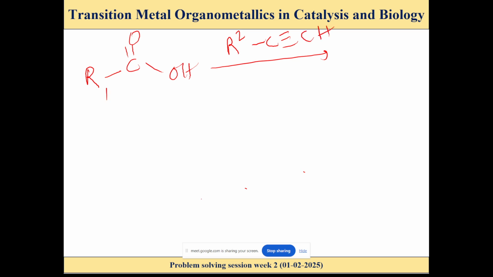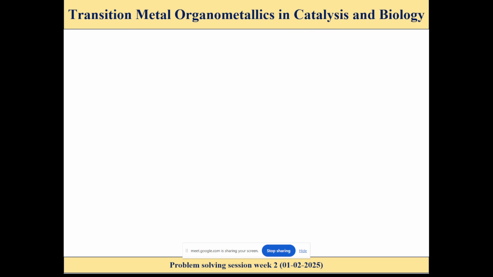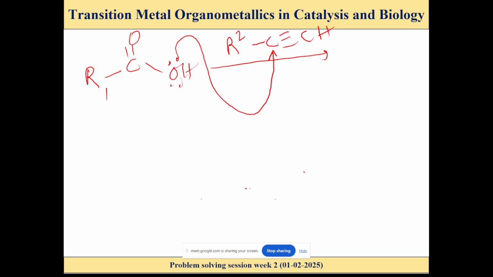The possibility is this oxygen can attack this carbon, and also can attack this carbon. So let's say this is path A and this is path B.